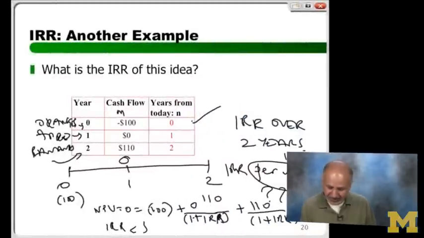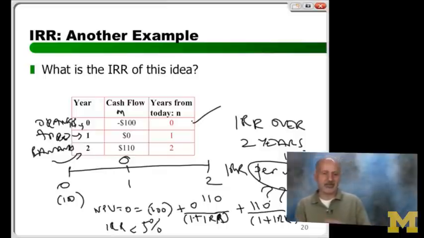So if money earns no interest on the money, you're on the right track, but then life is very easy. We don't need to do most of this class. Turns out the IRR will be less than 5%. I can guess that simply because I know there's compounding. And the actual answer is probably 4.9 or something like that. It will be slightly less than 10%.